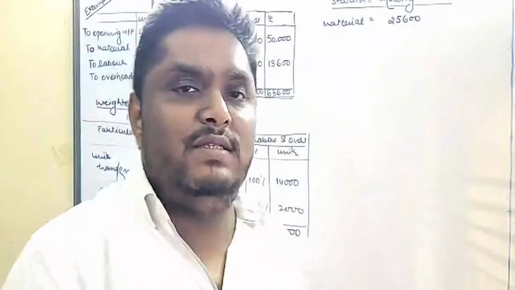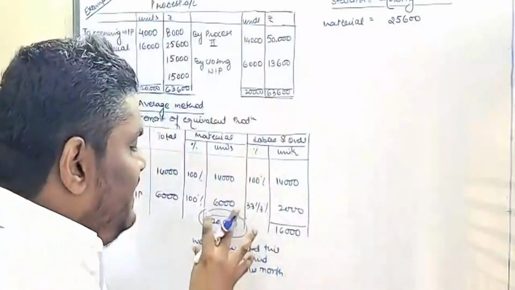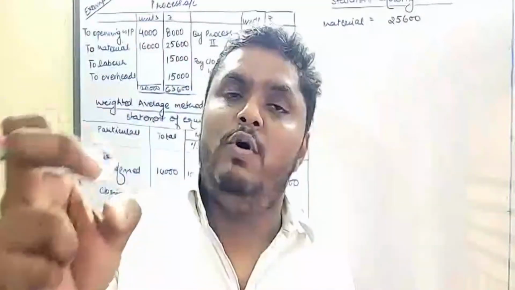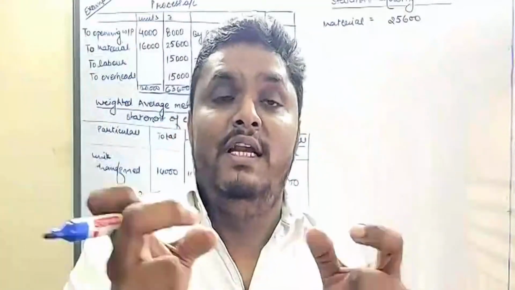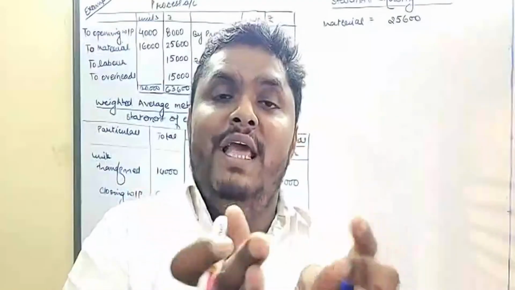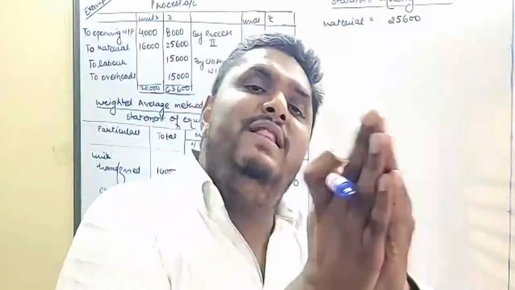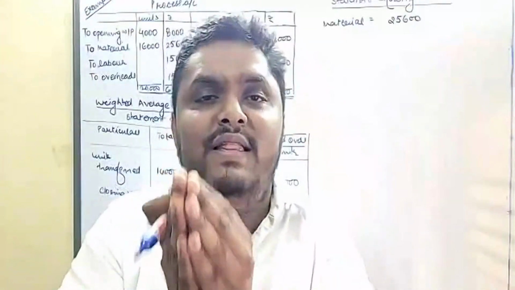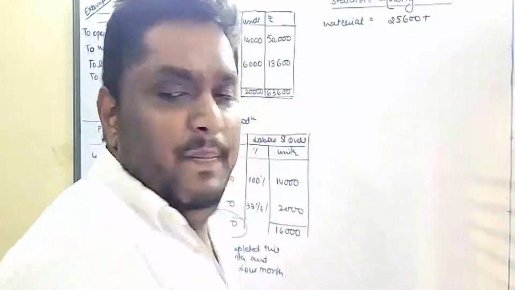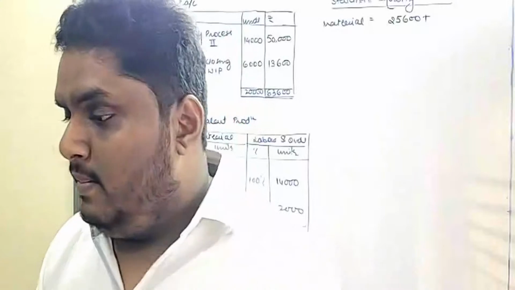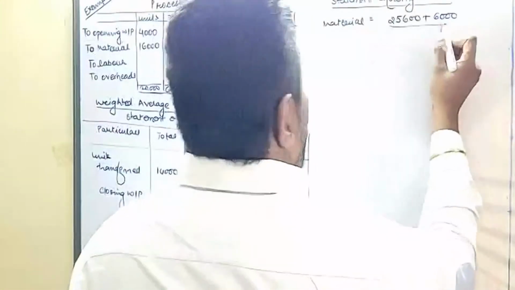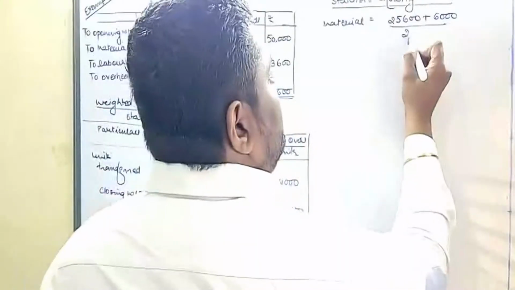Now, since we are taking the opening work in progress, these 4,000 units, as 100%, and since we are taking the work completed in the previous month and in this month, we will add the cost that is incurred in the previous month, that is 6,000, whole divided by 20,000.